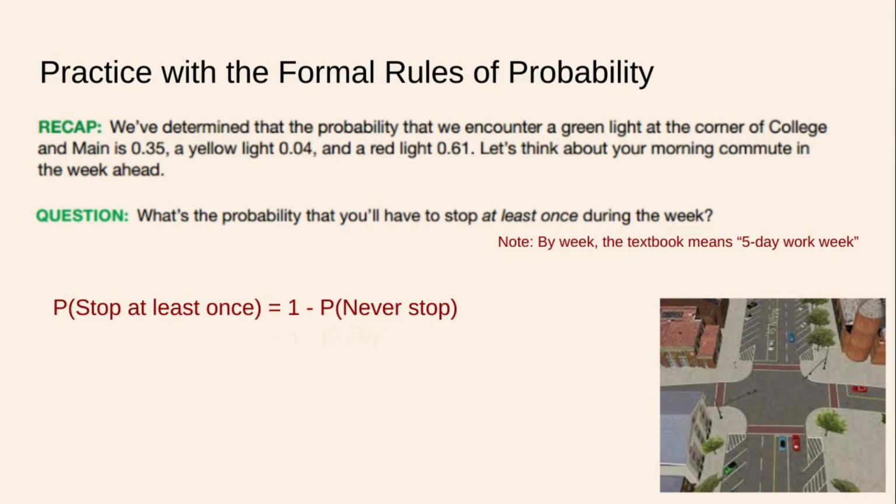So we can simply write this as 1 minus 0.39 to the 5th power. That's 0.39 multiplied by itself 5 times, and you would subtract that from 1. Your answer would be a little over 99% chance that you are stopping at least once, because never stopping over the course of those 5 days is very, very unlikely.